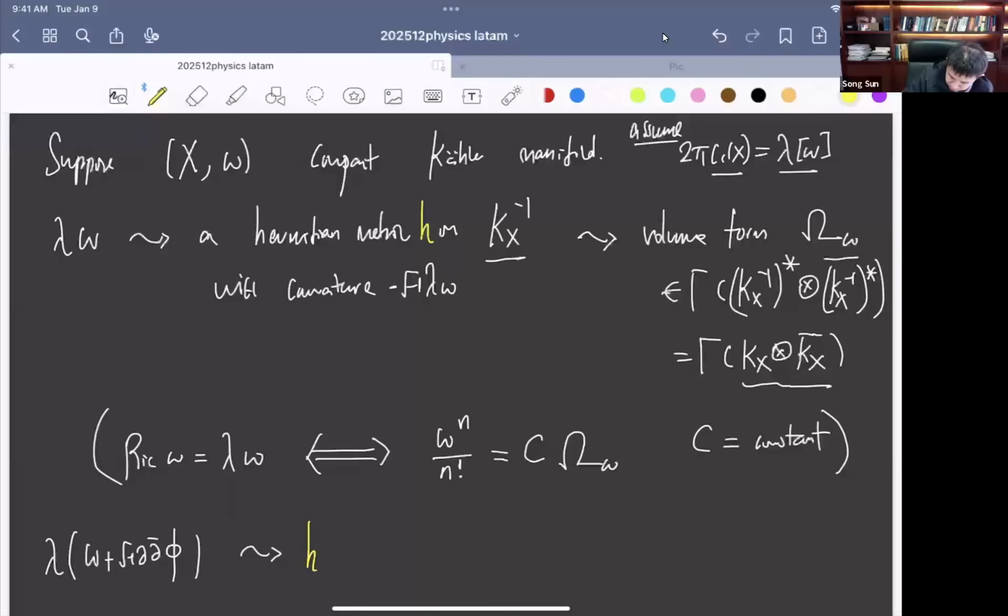The new H, called H_phi, will be H times e to the negative phi. It's a formula for curvature. And then the corresponding omega_phi is omega times e to the negative lambda phi. So for the new form, we denote this by little omega phi.